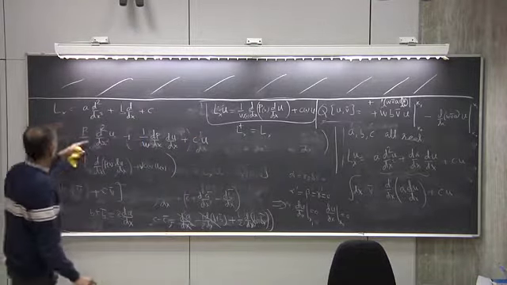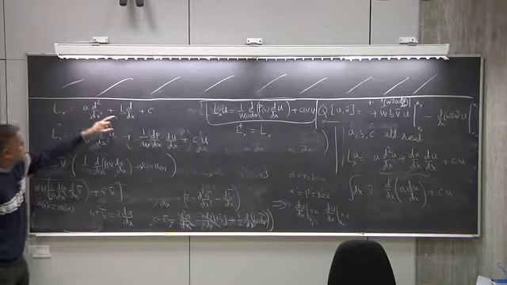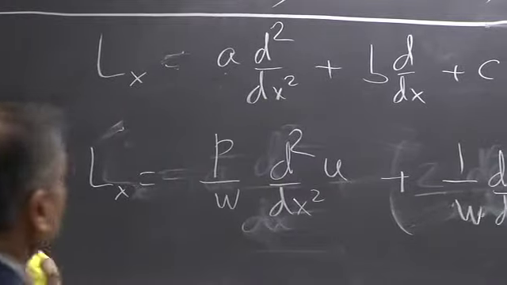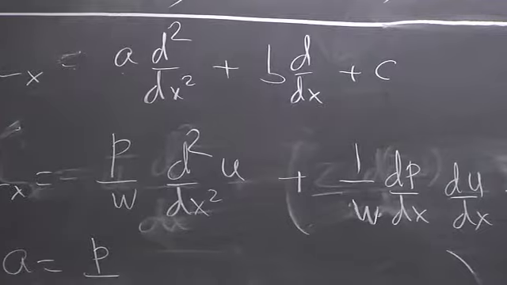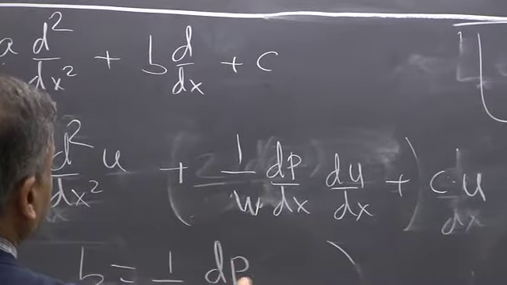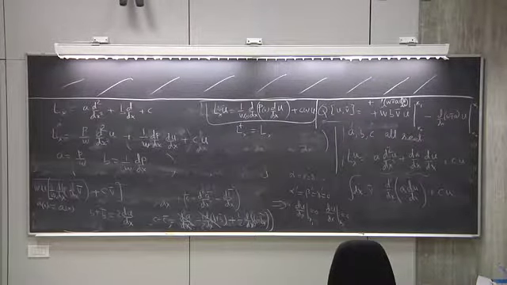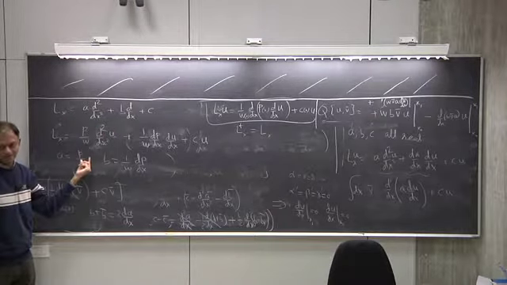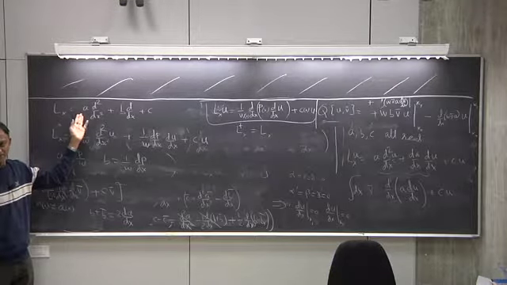Now compare these two. For this to be Hermitian, again assuming A, B, C are real, we have the following condition: A must be equal to P over W, and B should be equal to 1 over W dp by dx. So in other words, if A and B satisfy these equations for some real P, then this would be self-adjoint with weight W.